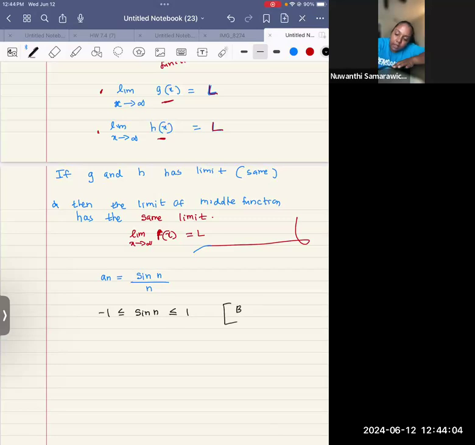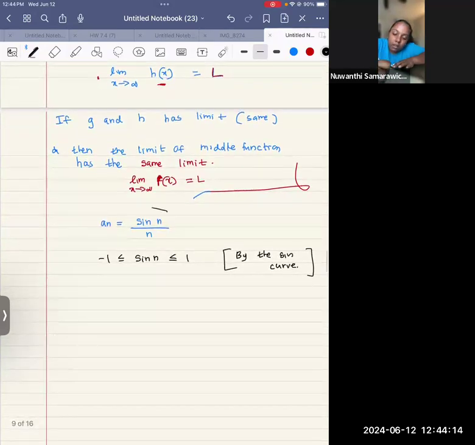Then a sub n is divided by n, so we can make that function by dividing all the terms by n.